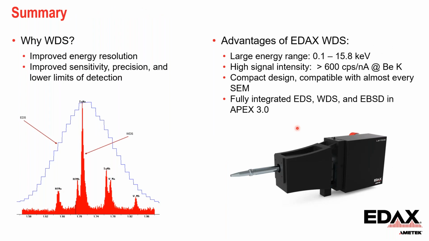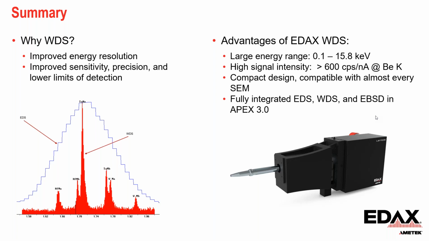To recap, our Lambda WDS system improves the energy resolution. It gives you improved sensitivity, precision, and lower limits of detection. The advantages of our Lambda WDS system are a large energy range, covering 0.1 eV to 15.8 keV, and high signal intensity due to the parallel beam design and the hybrid high collection optics.